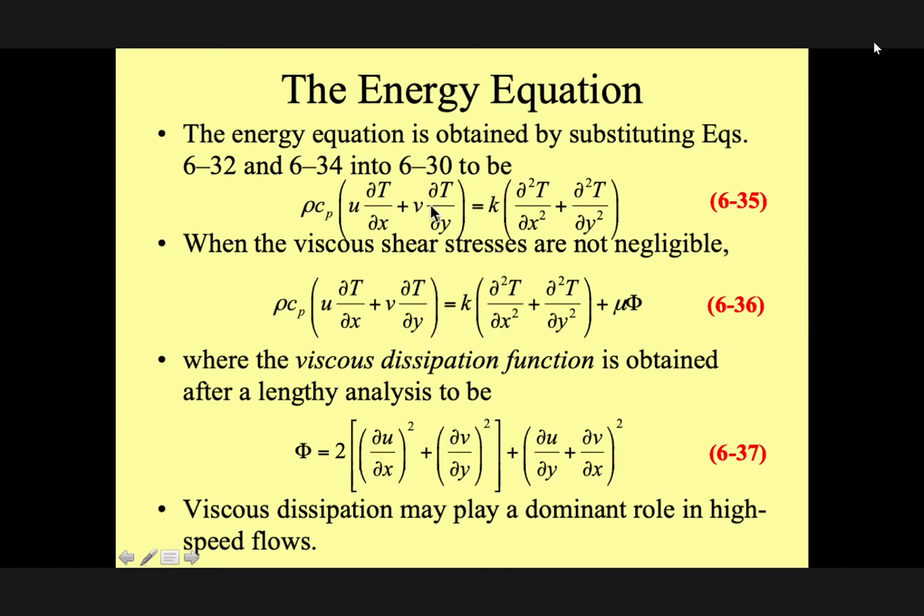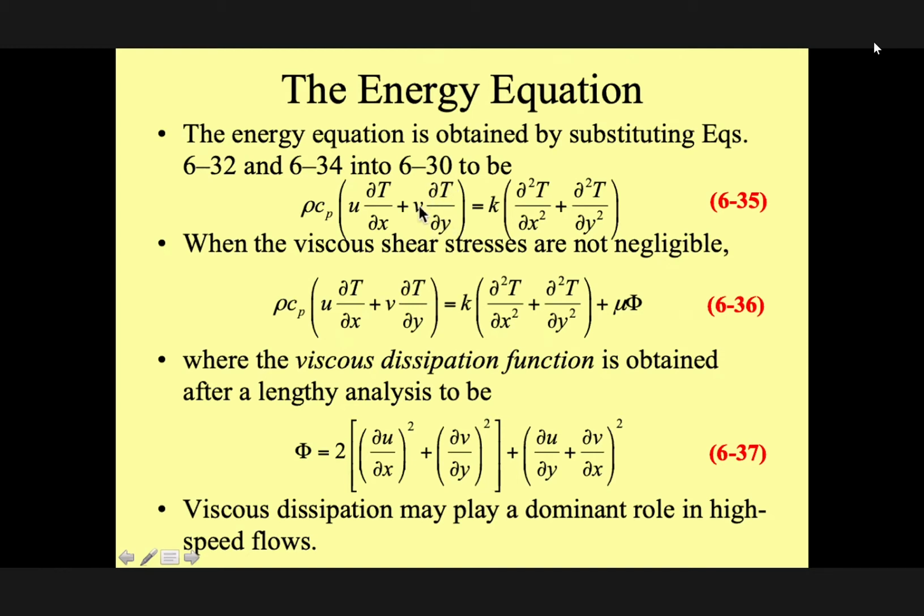This shows the variation of the energy, which we call the convective term, and this is the conductive term. We wrote it only for one dimension, but for the second dimension, this conduction term appears here. This shows the velocity in the x direction and the variation of the temperature, and also some variation of the temperature in the y direction.